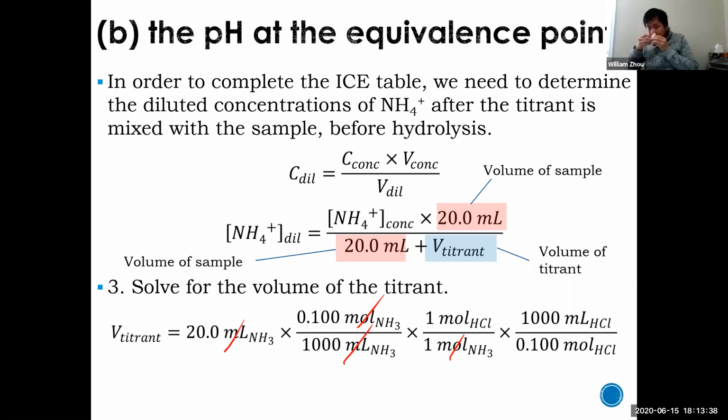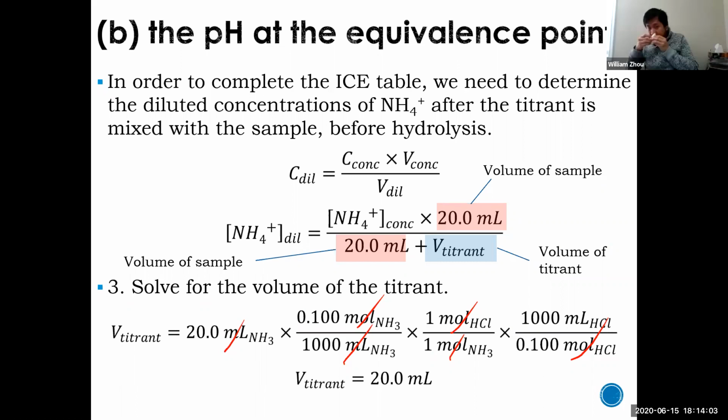You also know the concentration of that HCl, so you can easily calculate volume by dividing by that concentration. The moles of the HCl should cancel. And because I want the units to be in milliliters, because I'm using milliliters in my calculation, I multiply the final answer by thousands to get milliliters. So the titrant comes out to be 20 milliliters.